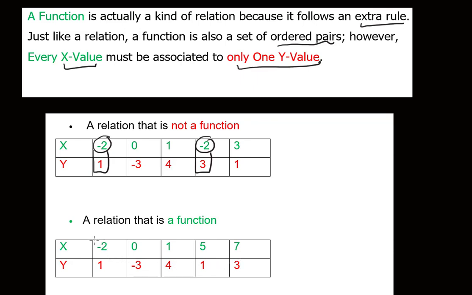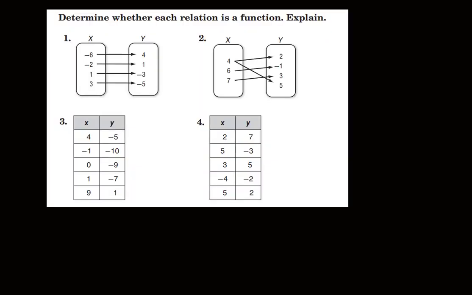Every input, which is the x value, must be associated with one and only one output, but multiple different inputs could have the same output, and that still is a function. The only thing we have to look at is the input, or the x value. So knowing that, let's see these examples.